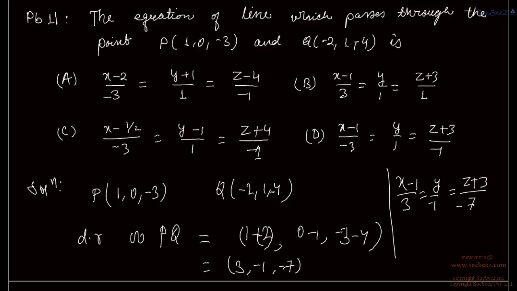See, this point should be 4 here, so -3 minus 4, this should be -7. Okay, we have the equation of the line (x minus 1) upon 3 is equal to (y minus 0) upon -1 is equal to (z plus 3) upon -7.